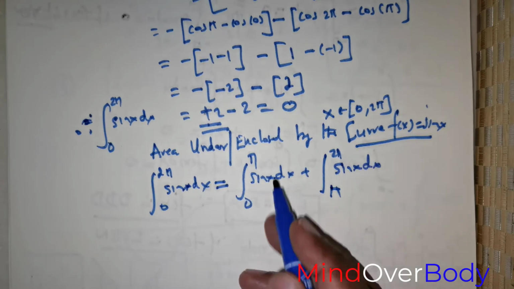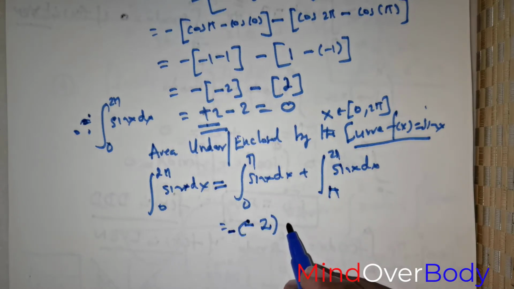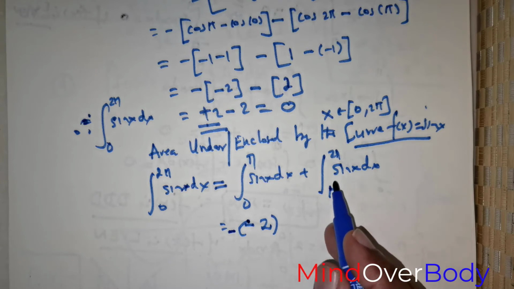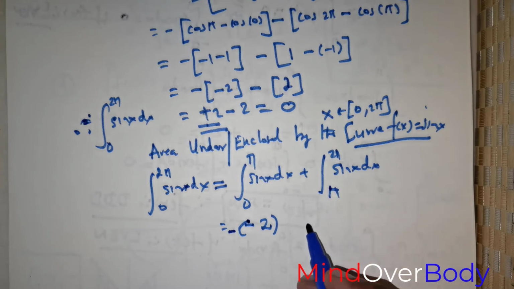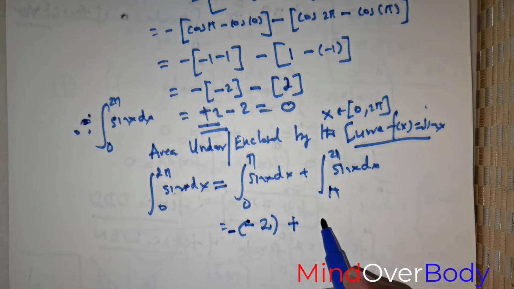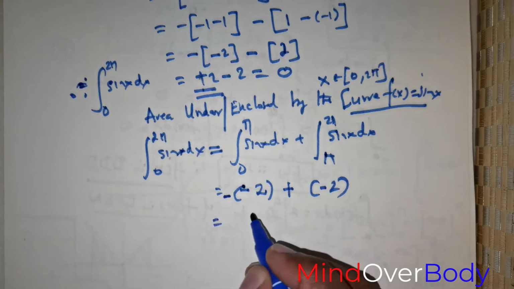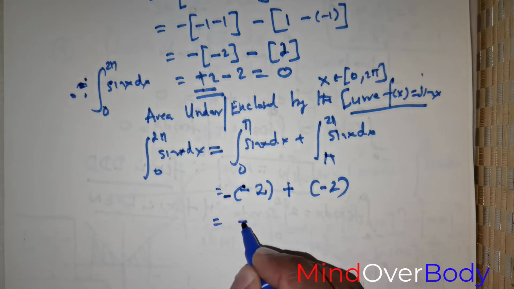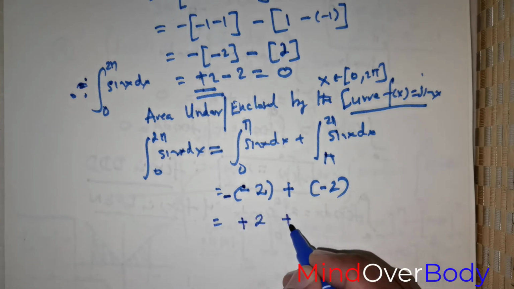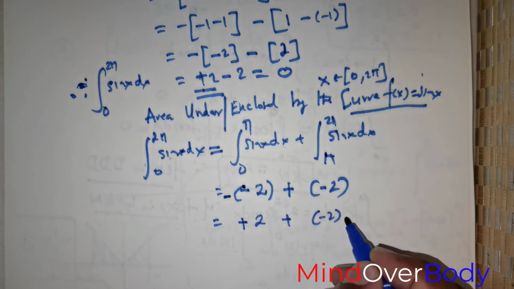Now this region is going to give me positive 2, and subsequently this region is going to give me negative 2. So if I were to rewrite this, this is going to be positive 2 and this is going to be positive of negative 2.